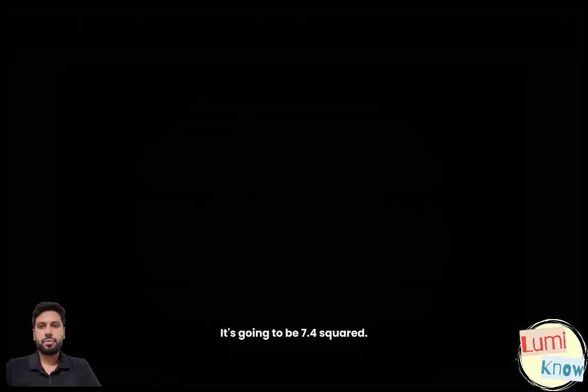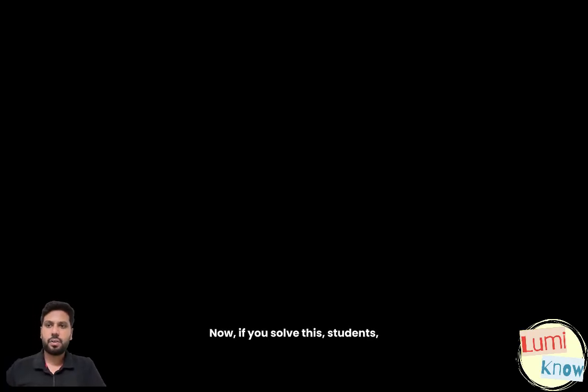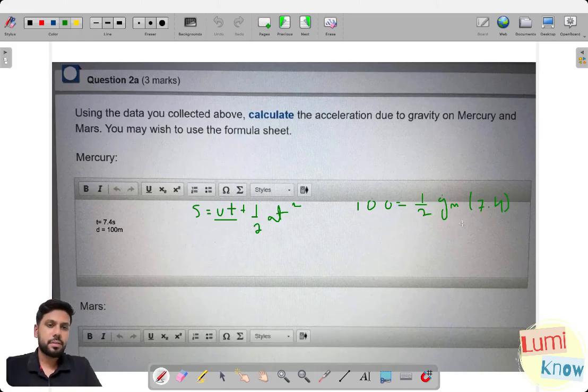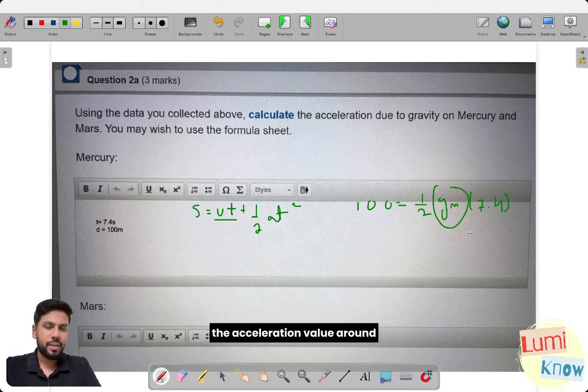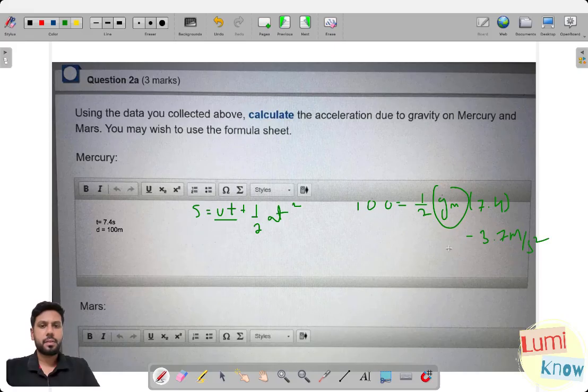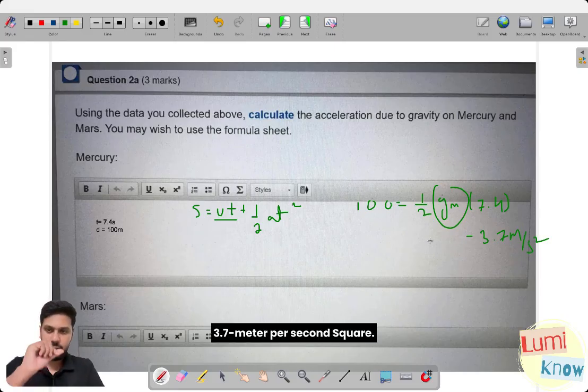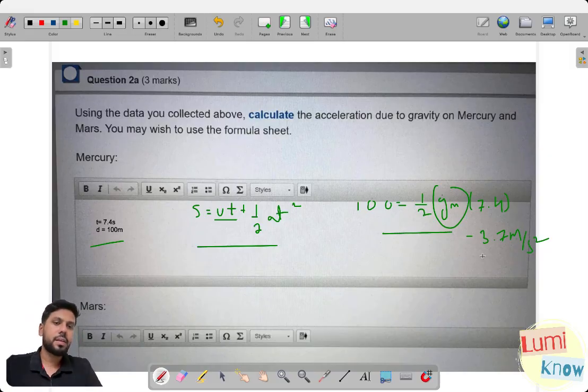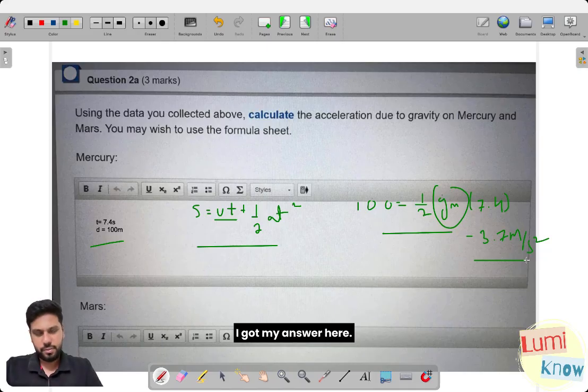Now, if you solve this, students, you will get the acceleration value around 3.7 meter per second square. So I have my given values and my formula, I plug in all the values, and I get my answer here.